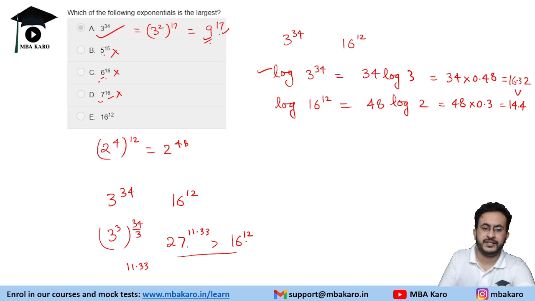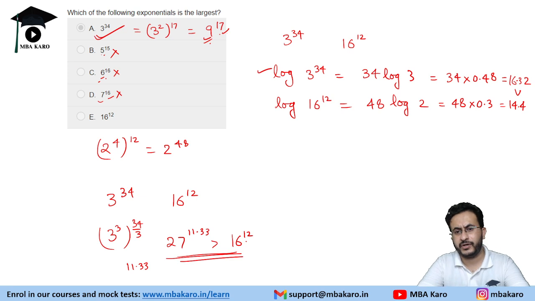Okay, so definitely this is the highest value out of these five. So again, a bit of knowledge of numbers, knowledge of logarithm is great. And apart from that, approximation and logarithm were needed in this question.